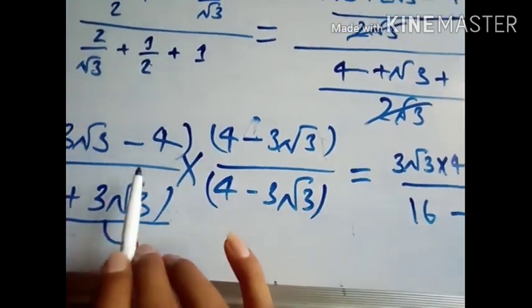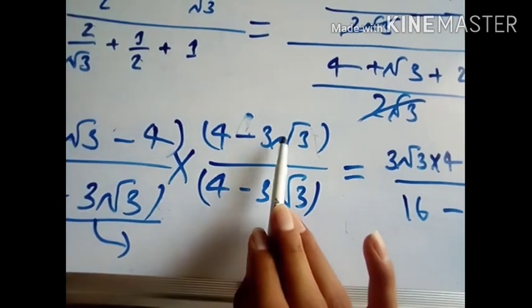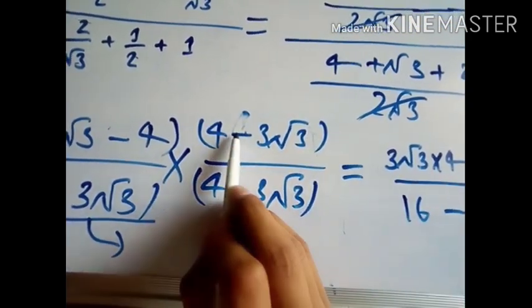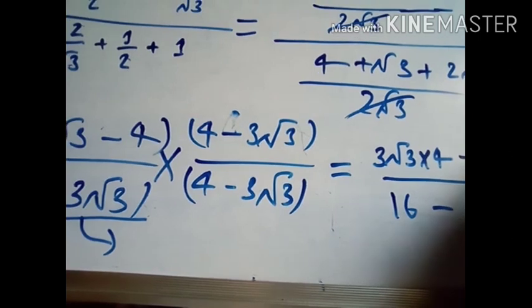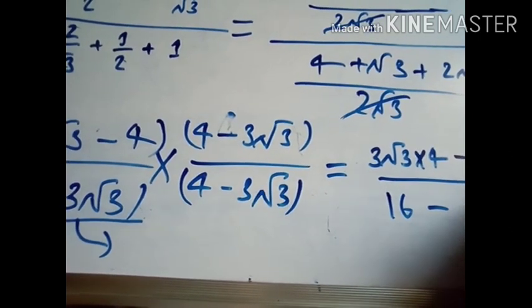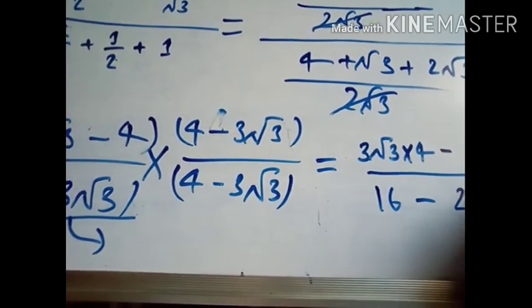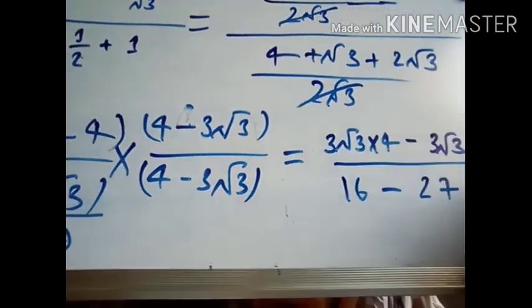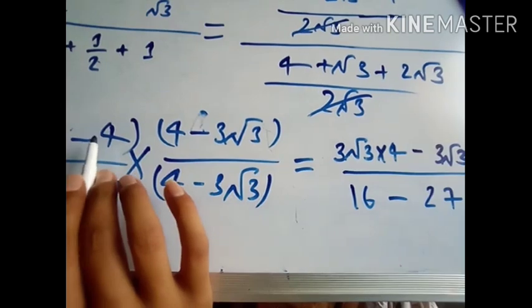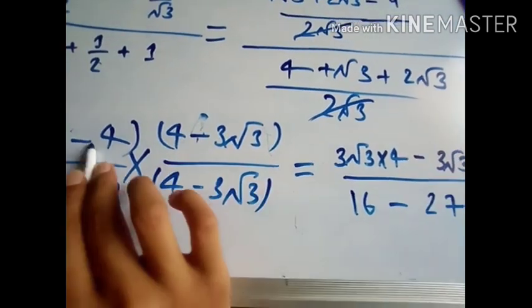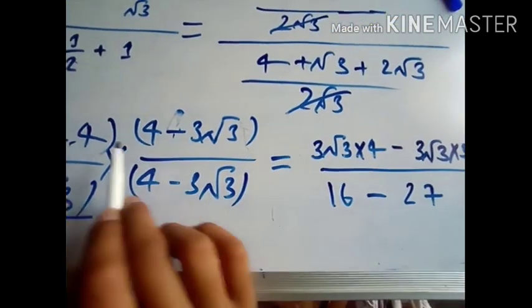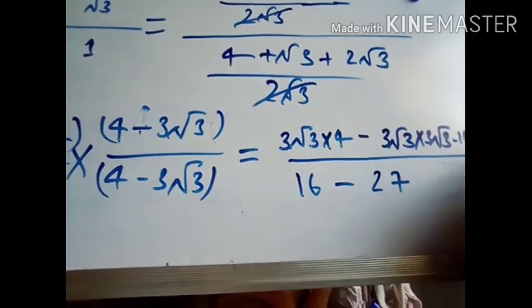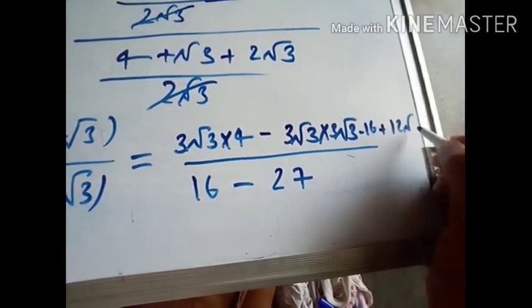Now this number will be multiplying with this number, so there is a minus sign, so put minus, and 3 root 3 into 3 root 3. Now 4 into 4 is 16, minus 4 into, and these both minuses become plus, and 4 threes are 12, so it becomes 12 root 3.